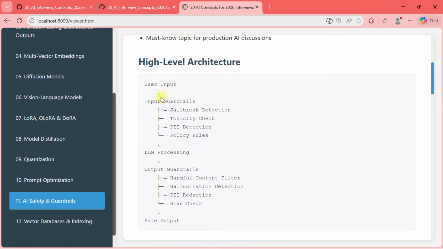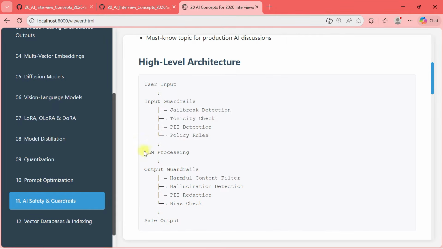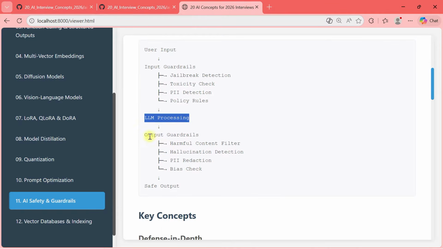If you see the high level architecture here, user input, and then at input level you put some guardrails. This is what you do to protect your system from the users, but this is not enough. Once LLM processing happens, then output guardrails are also needed. Just have this idea in your mind: you need to have guardrails at two ends, at the user end and at the LLM end as well.